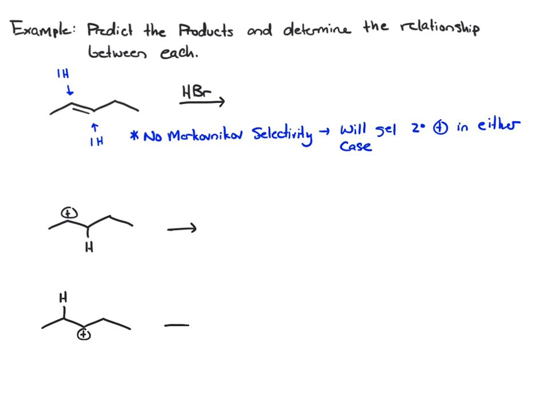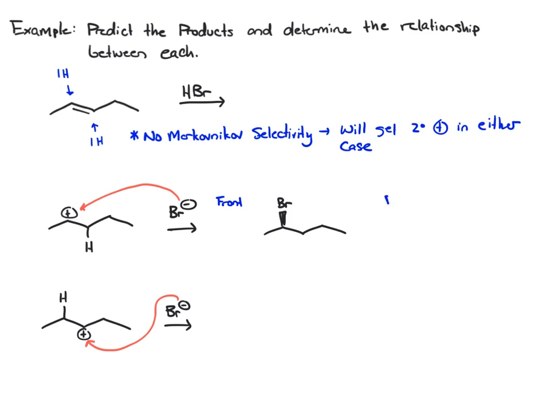Now think about the reaction of Br minus with each. So the bromide will come in and attack the carbocation carbon. And it comes in from the front and the back. So here, when it comes in from the front, we get the Br on a wedge.